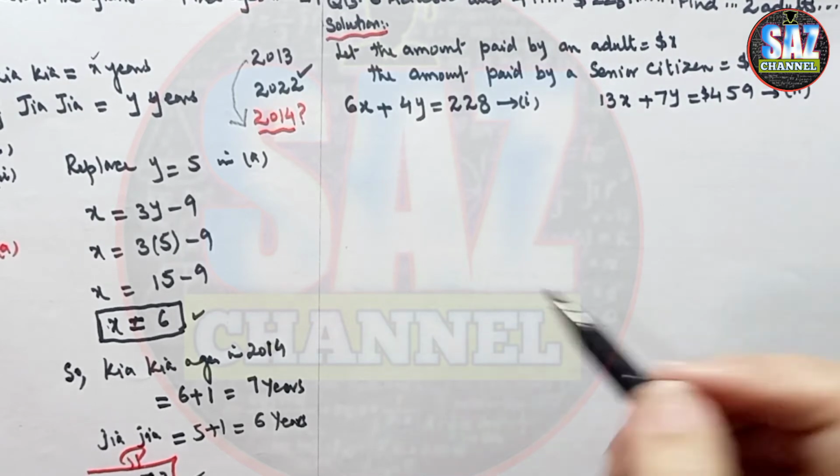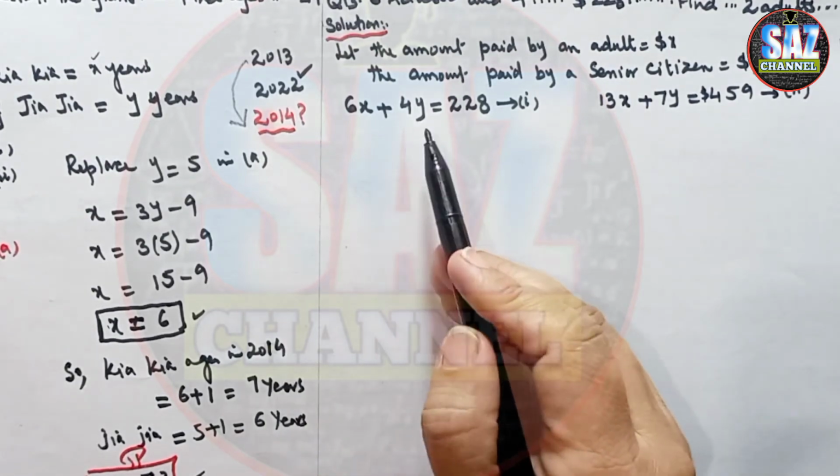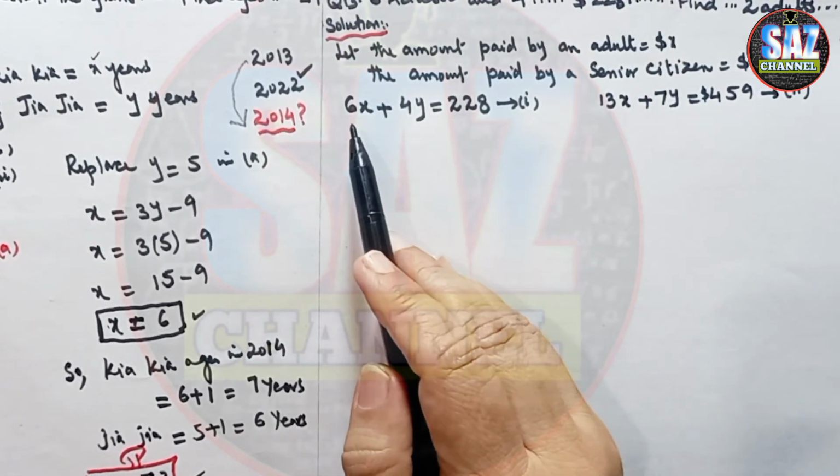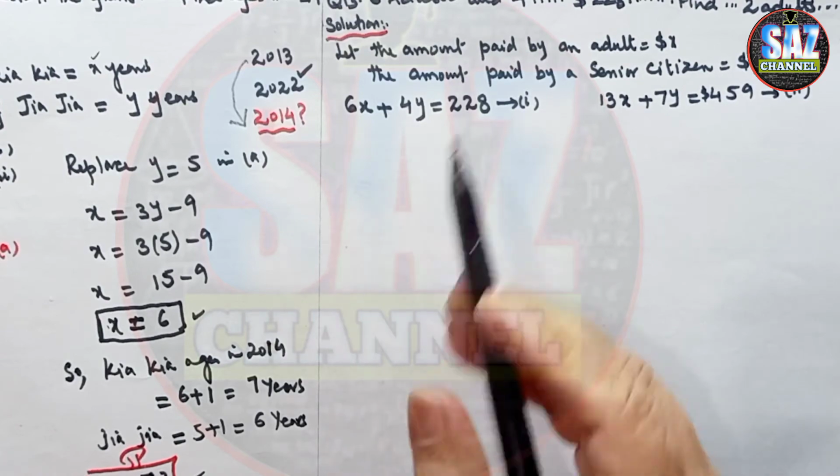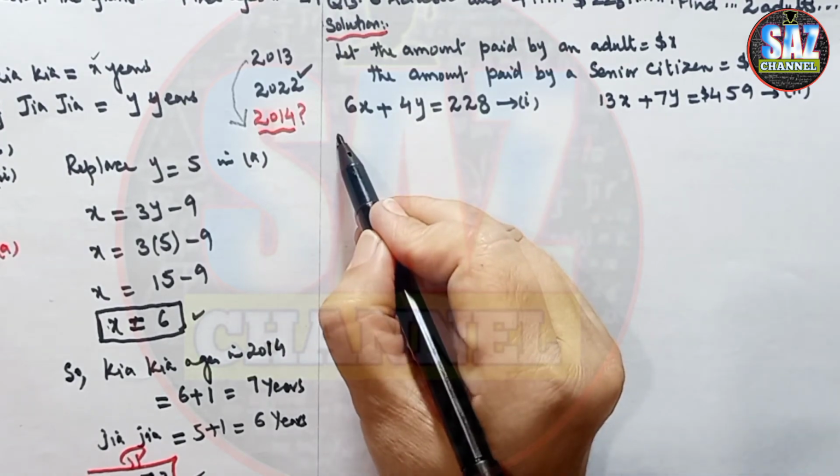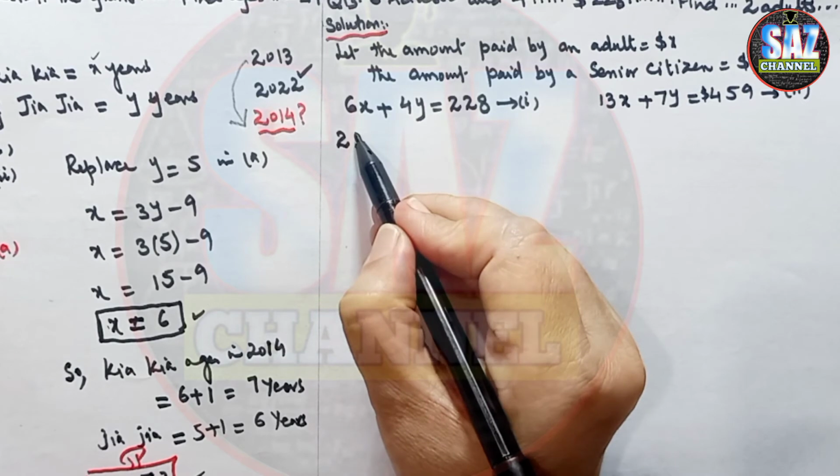Now we have to observe equation 1 carefully, that we can extract 2 as a common factor. It's always good to simplify your problem before moving to the next step.